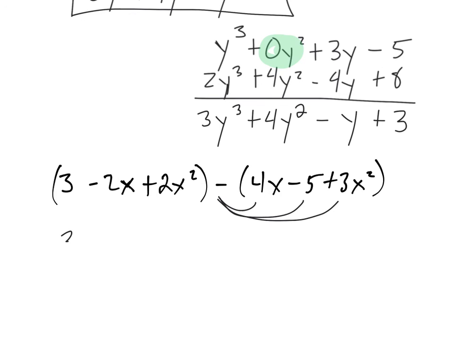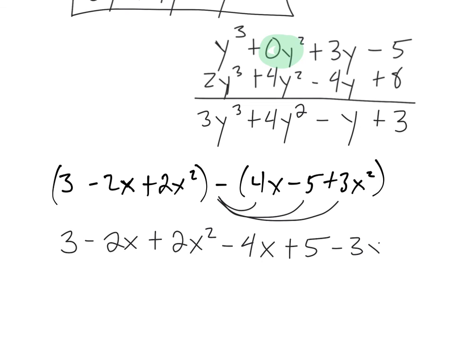So, the first part remains the same, 3 minus 2x, and then plus 2x squared. And now we distribute that negative. I wind up with negative 4x, a negative, negative 5. Two negatives make a positive, and then minus 3x squared. And now you simply go through and do what we've been doing. The 3 has a like term with the positive 5, giving me a positive 8.